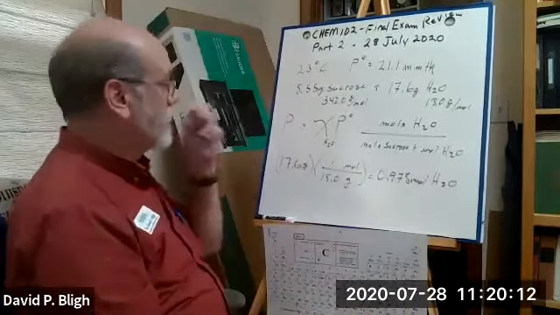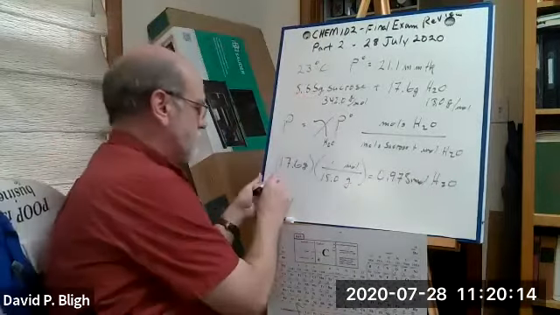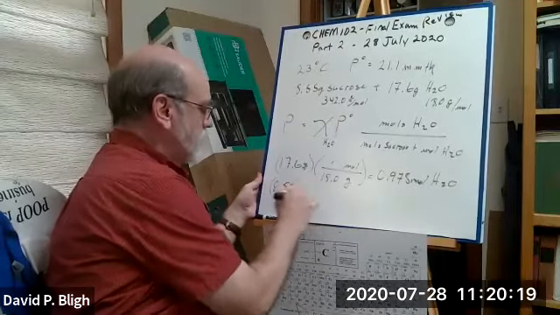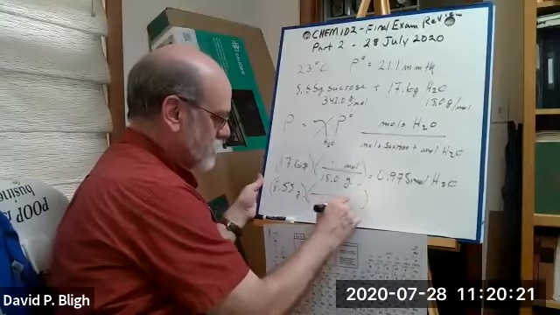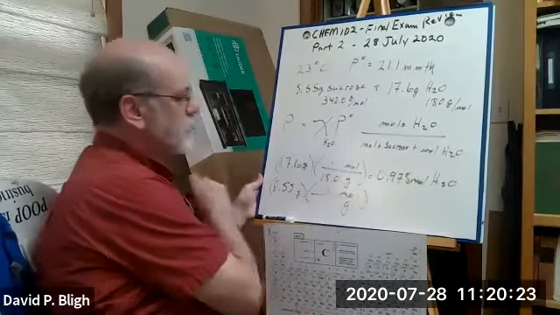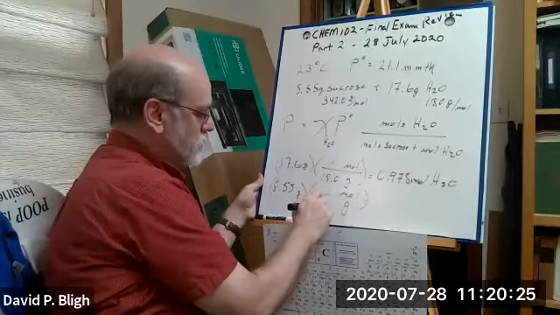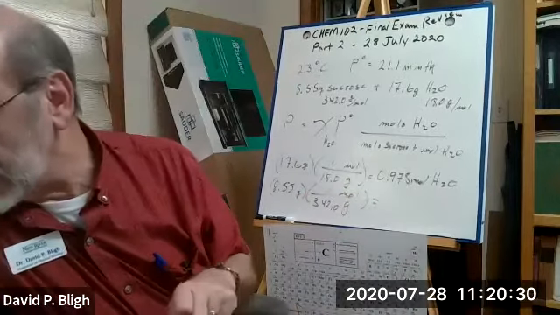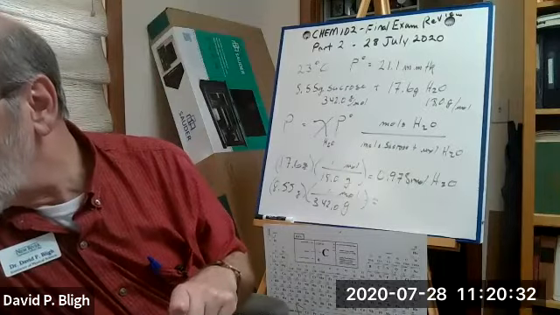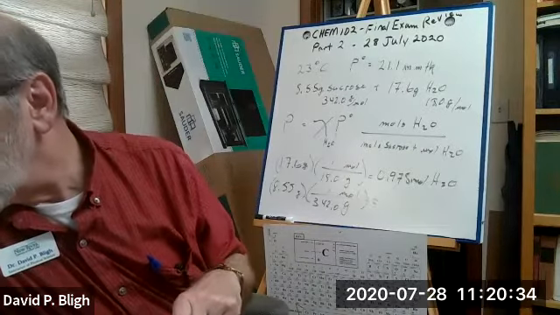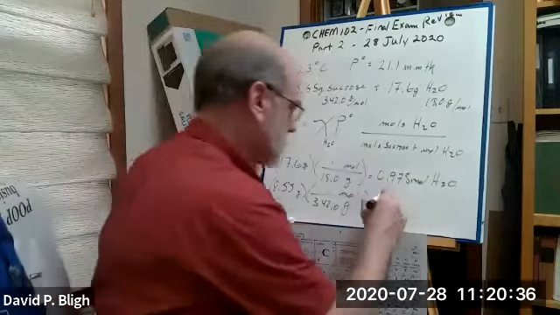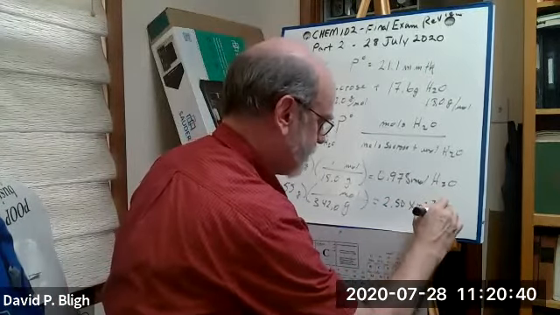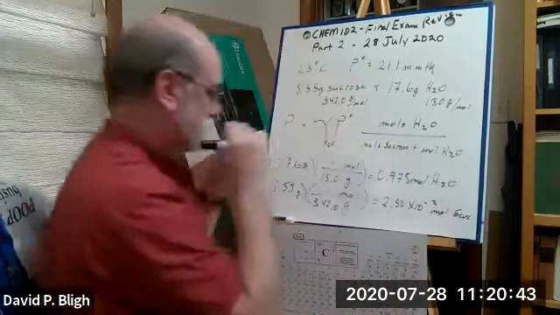Now we need to know the number of moles of sucrose. 8.55 grams. Convert that to moles. We have 342. And that's going to be 2.5 times 10 to the minus 2 moles of sucrose.